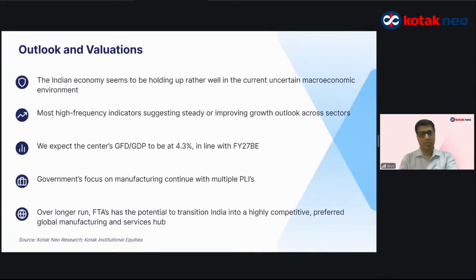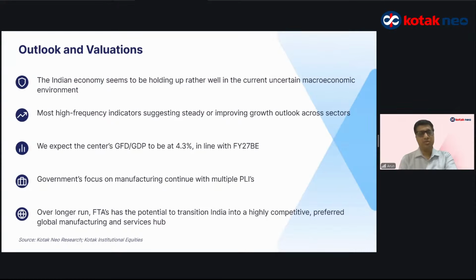Overall, companies are investing a lot through PLI schemes. And we also saw another PLI coming in the month of July as well. So the government's focus on manufacturing continues. And even on the export side, in July, in fact, the UK and India FTA came into force, and we have already signed a few more FTAs which will come into force in the coming months and quarters.